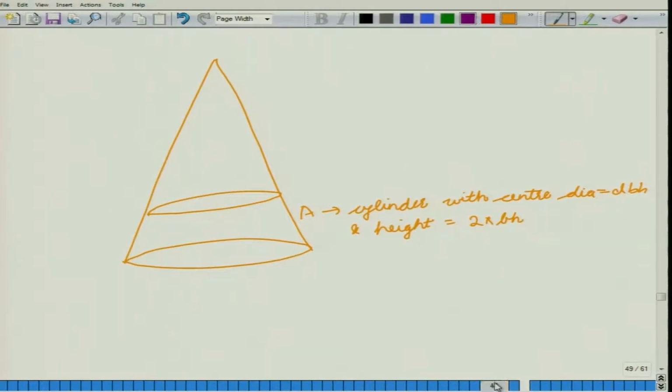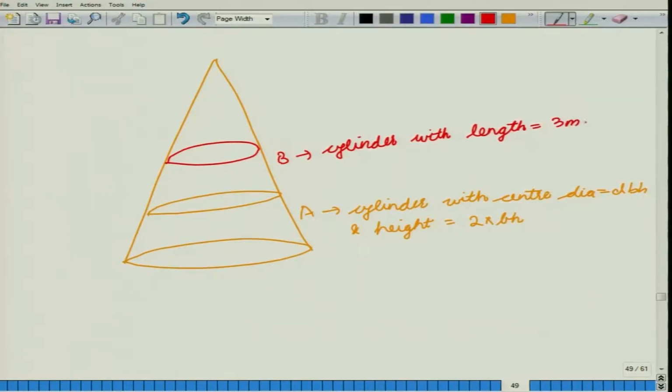Your section B is also a cylinder with length equal to 3 meters and center diameter given.